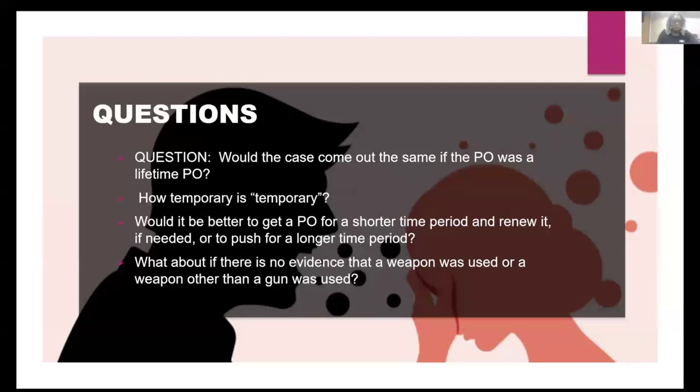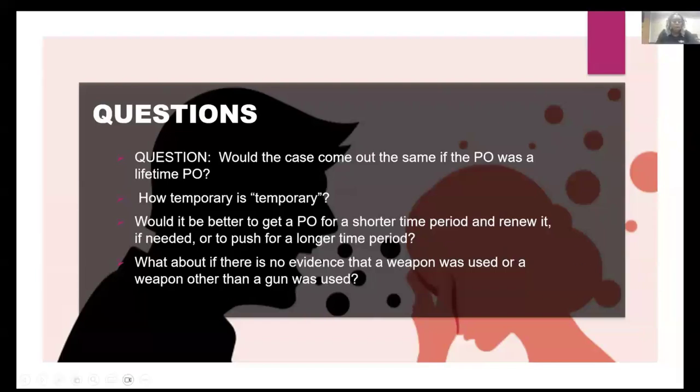The other question that comes to mind is, what if there was no evidence that a weapon was used, or that there was a weapon during the pendency of a protective order issue? If you have individuals who have protective orders granted against them, but weapons were not utilized in the alleged facts related to the issuance of the protective order, does that mean these individuals would be allowed to maintain their weapons?